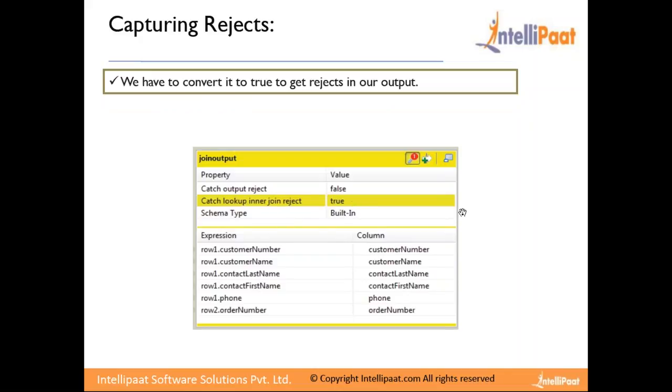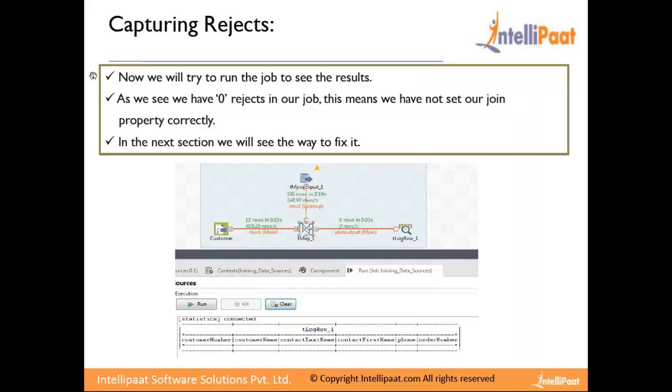We just select else as true. What it will do is give us all the data which does not match between the two tables. So it gave us the data, but sometimes you might see that you are not getting the data.